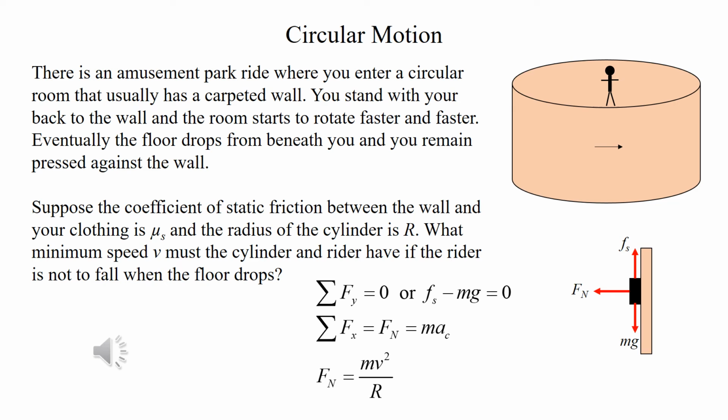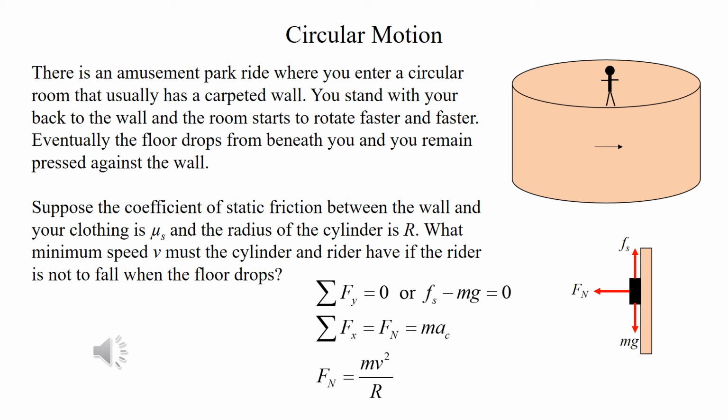All right, so here in the lower diagram, I've drawn a free body diagram for the person pressed against the wall of the rotating cylinder. So just the little black rectangle represents the person. Since we're not sliding down, we have static friction holding us up. We have our weight down, of course.